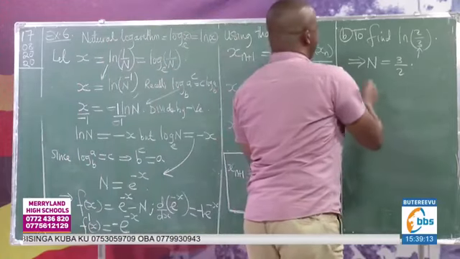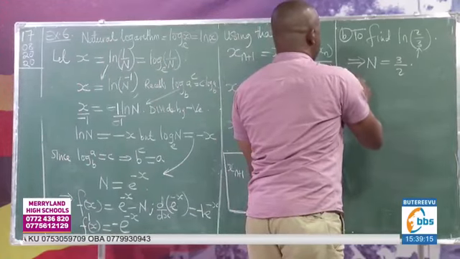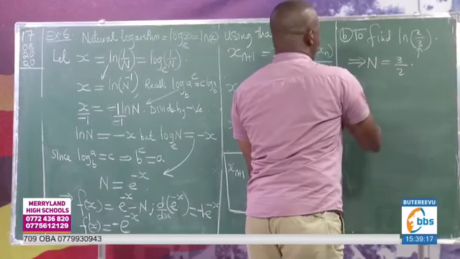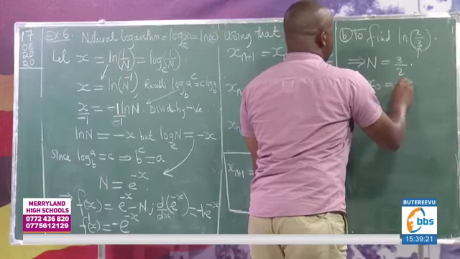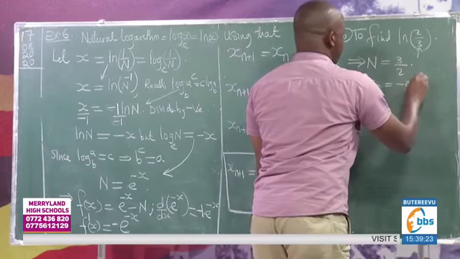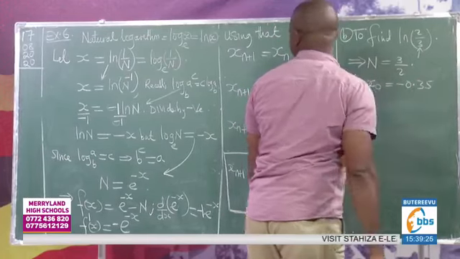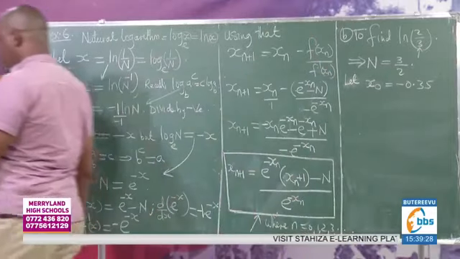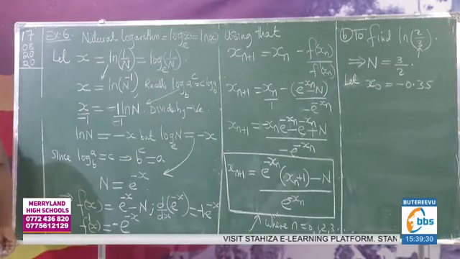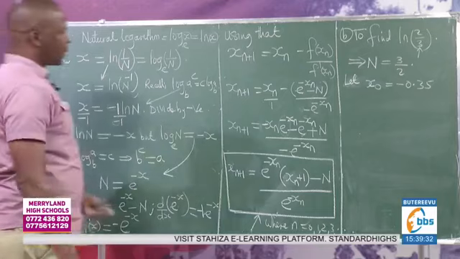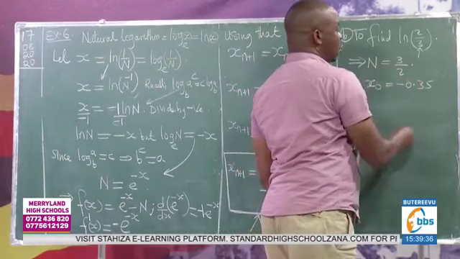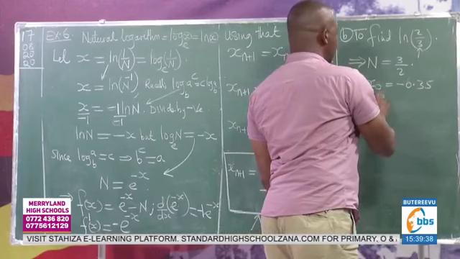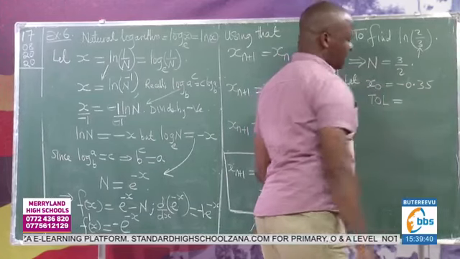And our first approximation, which should have been given, we are going to let our x naught be negative 0.35. When you are given the first approximation, you automatically generate the TOL if it is not given.